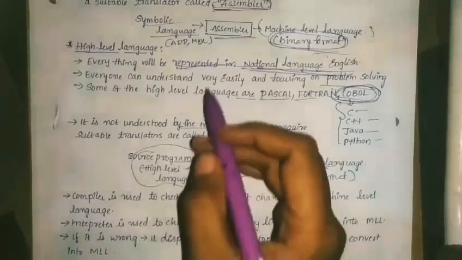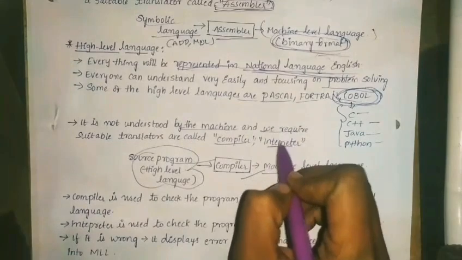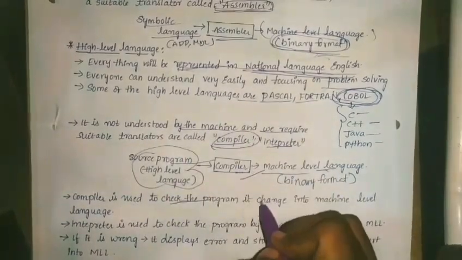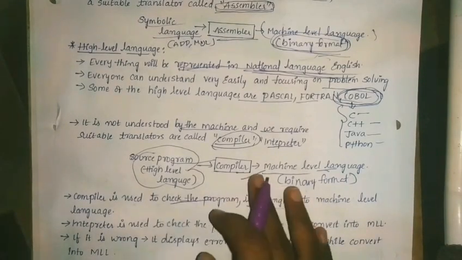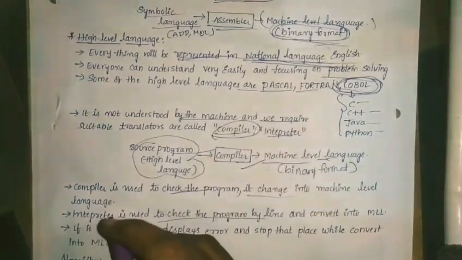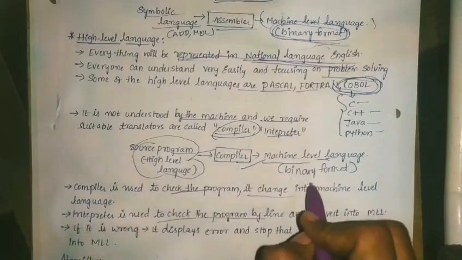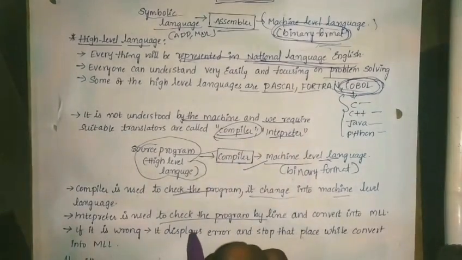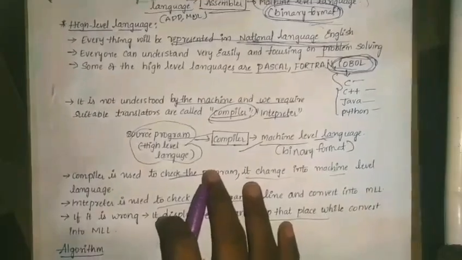So here we have to know two words, compiler and interpreter. Compiler is used to check the whole program and it changes it into machine level language. Interpreter is used to check the program line by line, and it converts it into machine level language. If it is wrong, it displays an error and stops the conversion to machine level language.